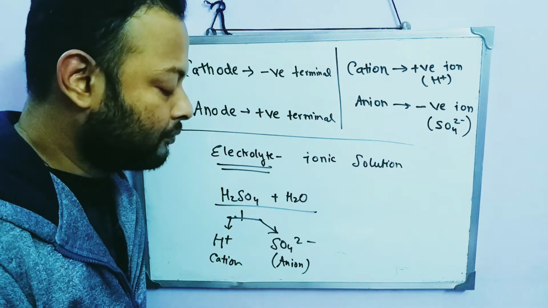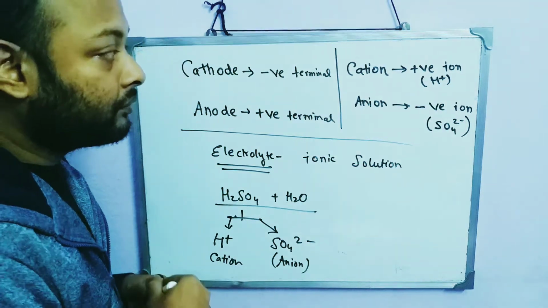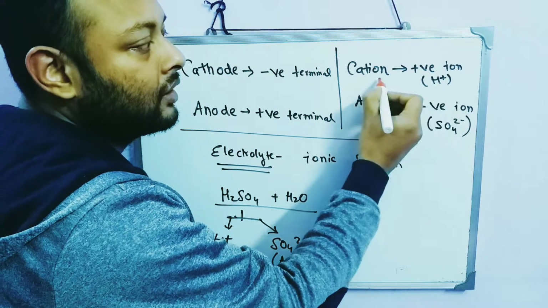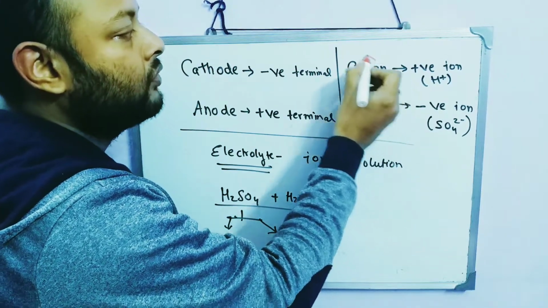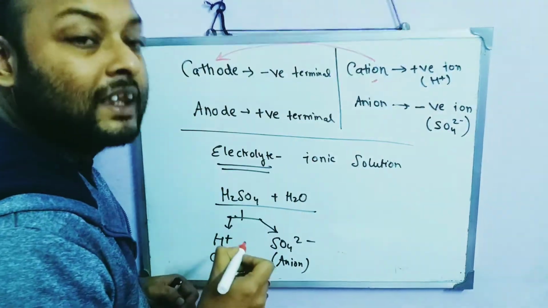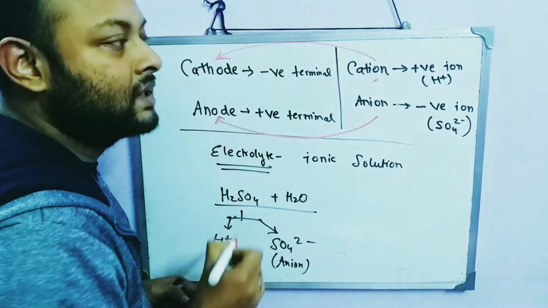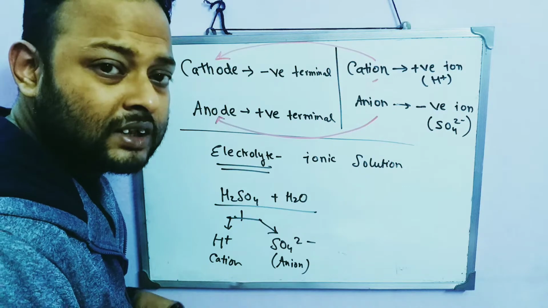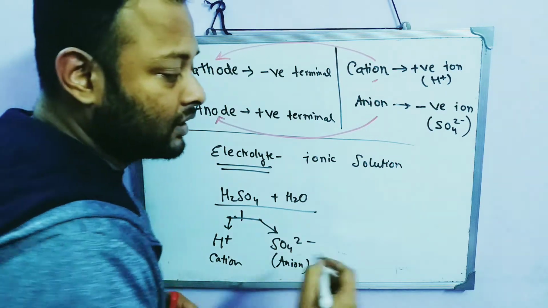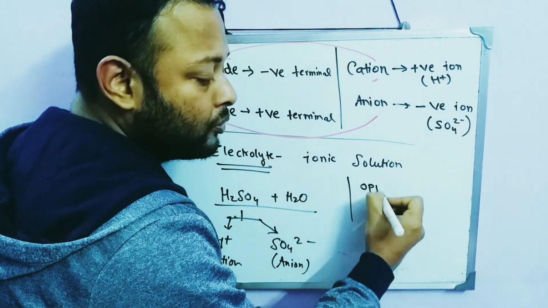Any solution which has ions, positive ions and negative ions, is called an electrolyte. Now if you see, the cation will always move towards the cathode, and the anion will move towards the anode. You know, opposite charges attract each other.